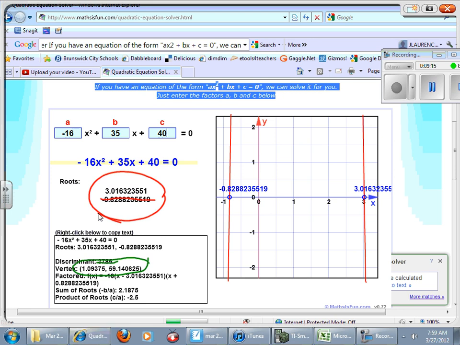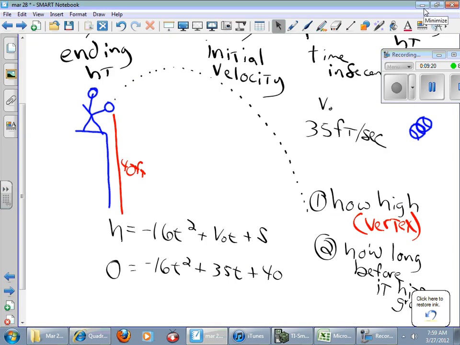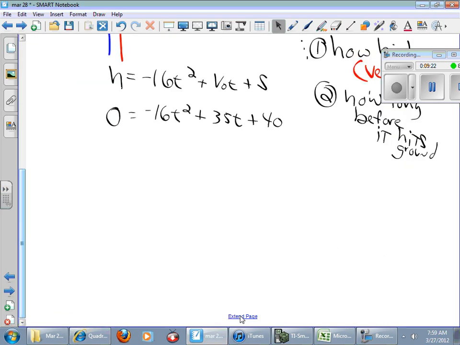All right, so let me get back to the problem here. And you can go back and check those answers and see if I got them right when I'm done with my math, but I would like to work through it in case you're having difficulty. So, let's see here. I know that A is negative 16, B is 35, and C is 40.